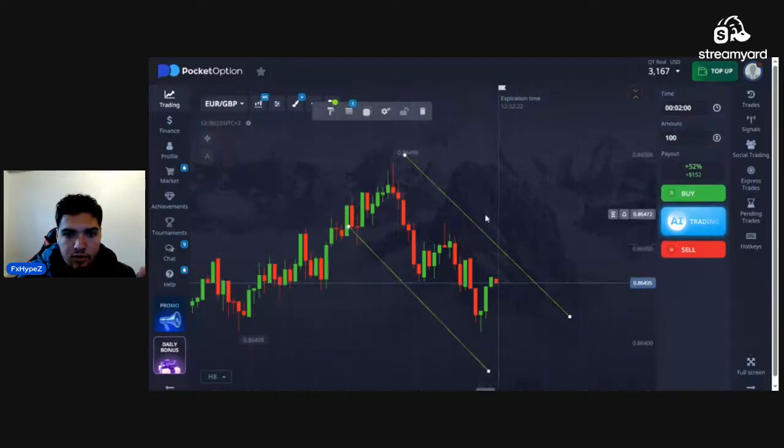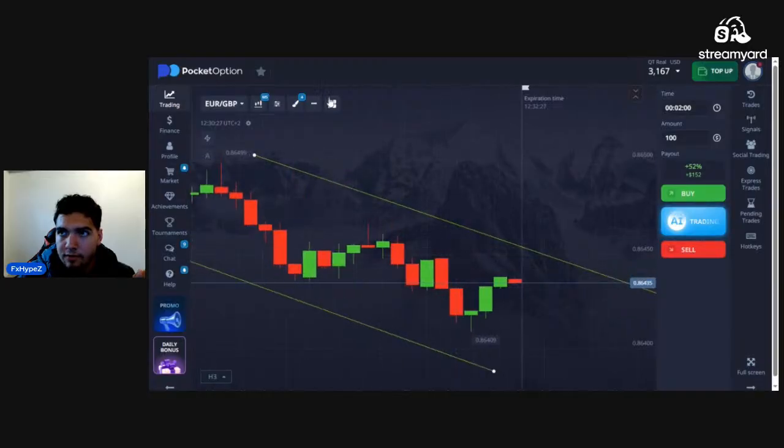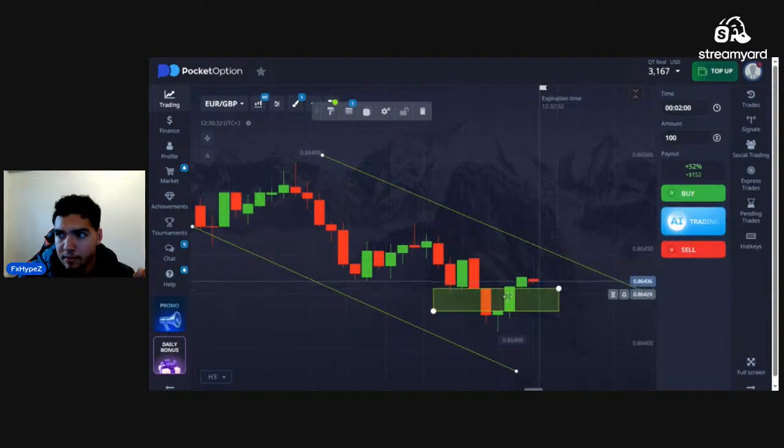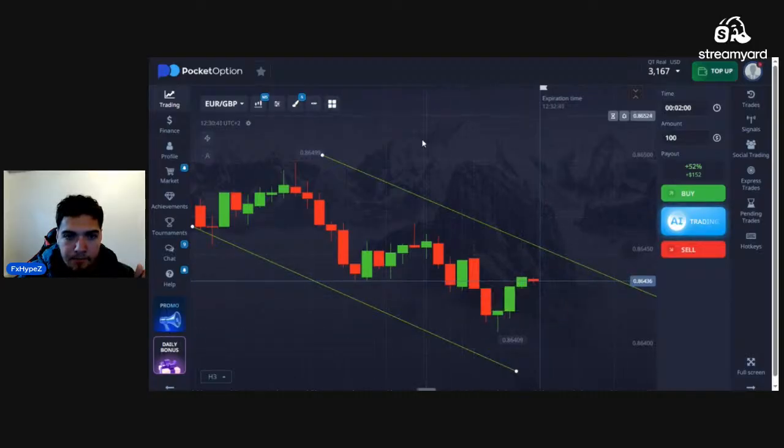Price is bearish on the 5-minute time frame, forming lower lows and lower highs. And we have this fair value gap here as well, which price filled. I just thought this is only a pullback, and we'll probably see a continuation to the downside.